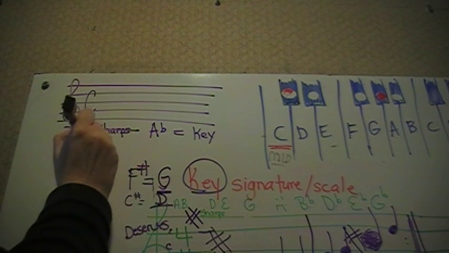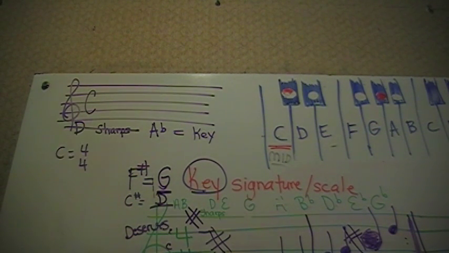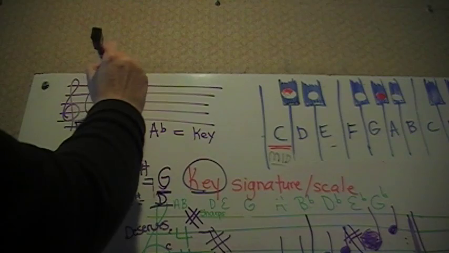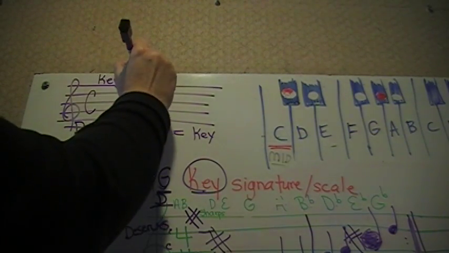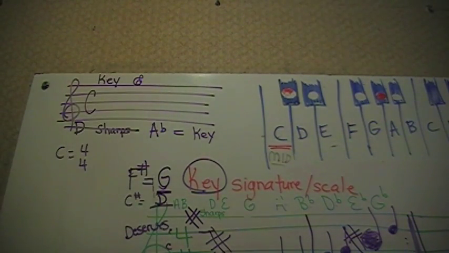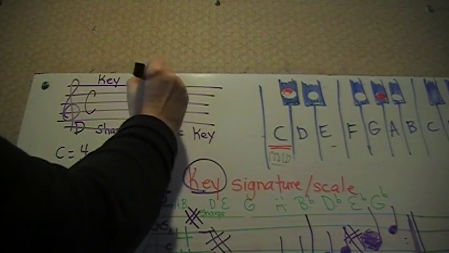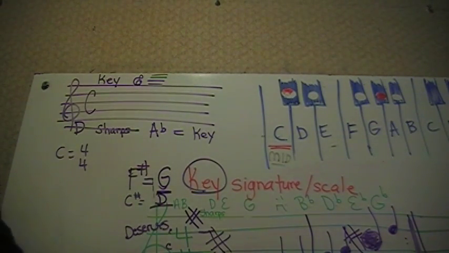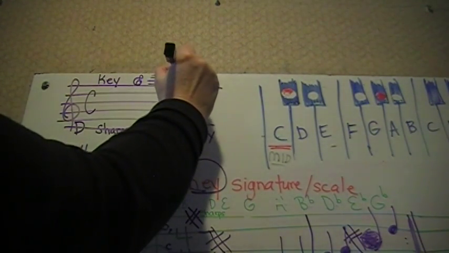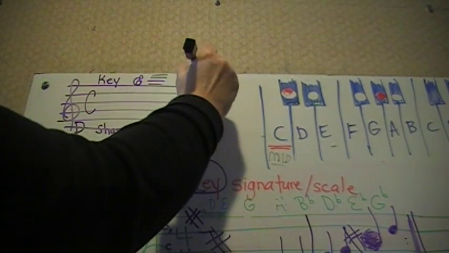Remember, C equals 4, 4. Okay, so now I need to know how to make my key signature. You do your staff, your treble clef, your time signature, 4 4s.